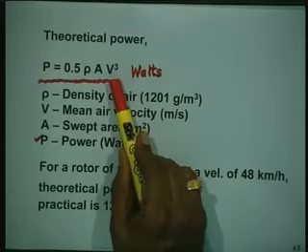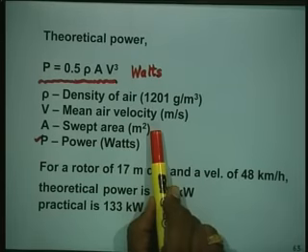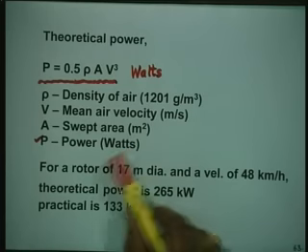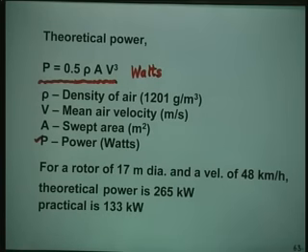V is not volume here, but the mean air velocity, because the English language has only 26 symbols. So, we have to use the same symbol again and again for various purposes. V is voltage, V is volume, V is velocity, and so on.